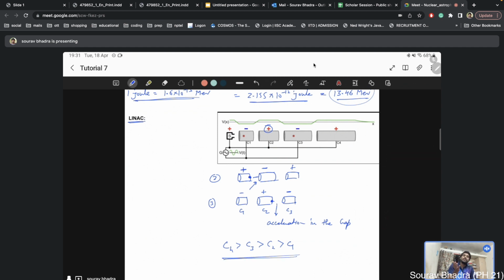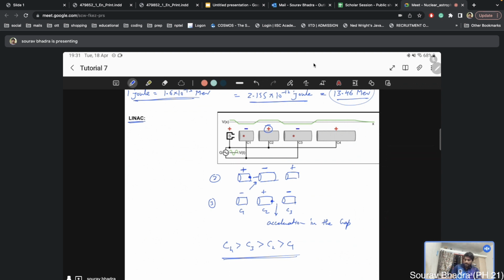So that's why the length of the different cylinders is different, because with repeated acceleration the velocity has increased, and for a particular time it will traverse more and more distance with increasing velocity. That is how the linear accelerator works.